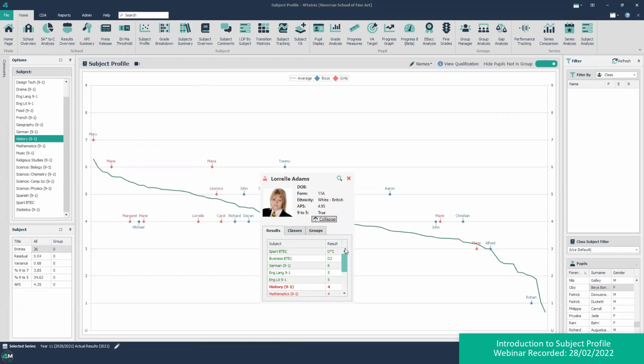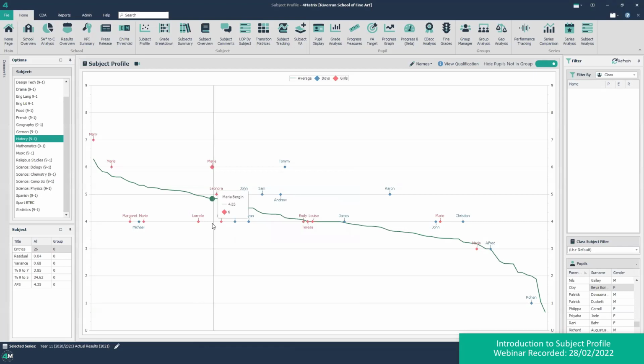So you can see the grades in green are the ones that are higher than our average, and the ones in red are below. The subject we've currently got selected is shown in bold here. If we hover over her dot, you can see her average is 4.95, which is what we calculated on the other screen. And the grade she's attaining in history is 4.